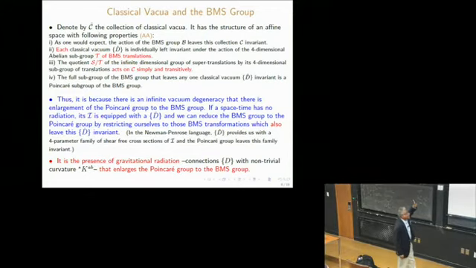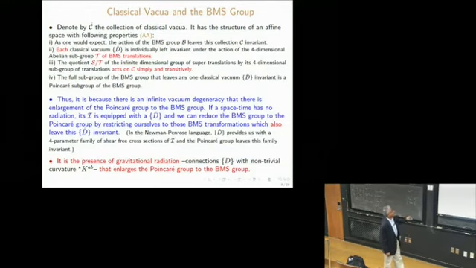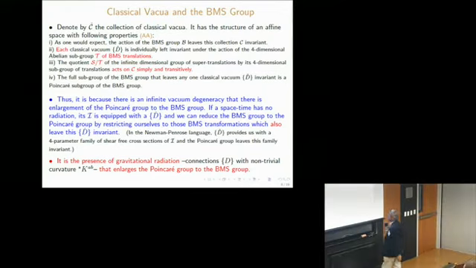The four-dimensional translation group leaves invariant each of these individual classical vacua whose curvature is trivial. And the quotient of the infinite dimensional group of supertranslations by its four-dimensional subgroup of translations acts on this collection C naught simply and transitively.